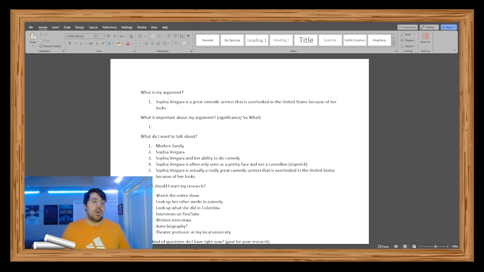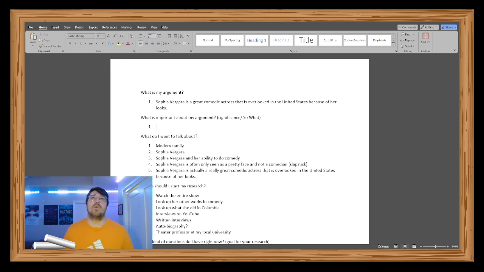Why is what you're talking about important? What you are writing about, why is it important for people to hear? Imagine you walked out into a field or a classroom and you said, everyone stop what you're doing, I have something I want to say. And you say it and everyone looks at you like, so what's the big deal?